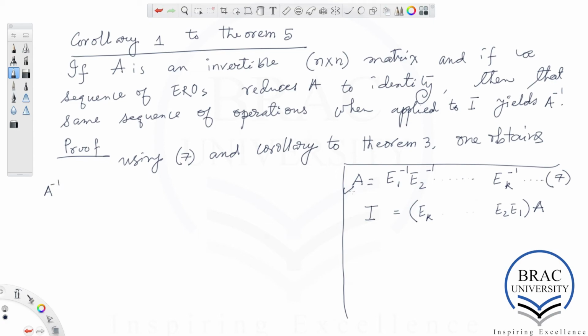The inverse of this product, which means that A inverse is equal to EK all the way up to E2, E1, and that gets multiplied with I.